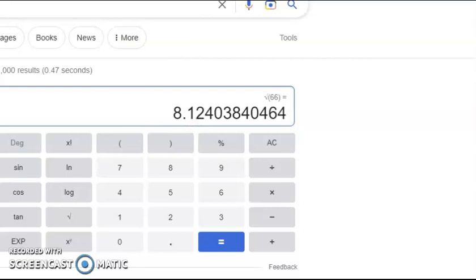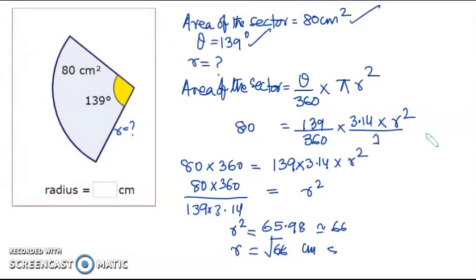So our answer is 8.12 centimeter. Or we can write here 8.1 centimeter, if it is required to write just one digit after the decimal.